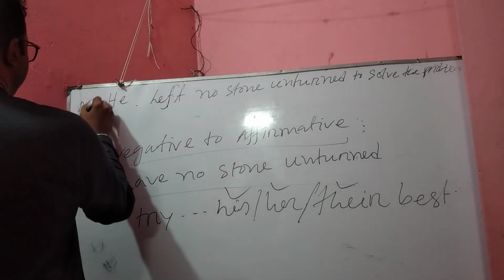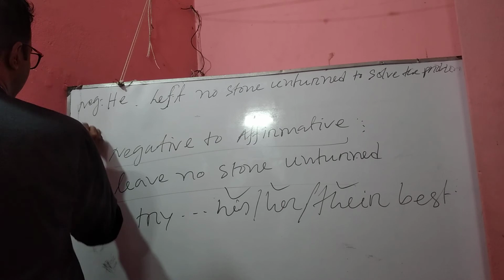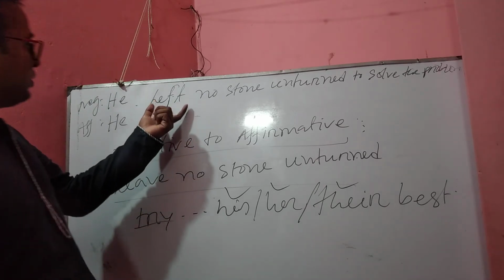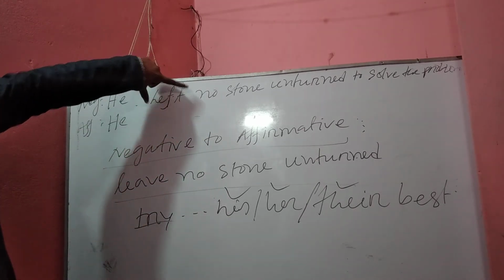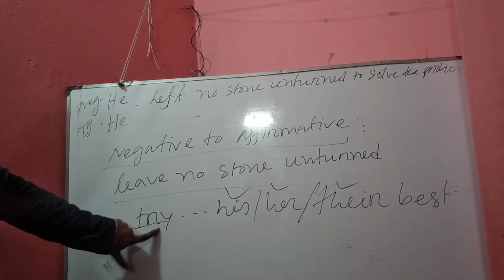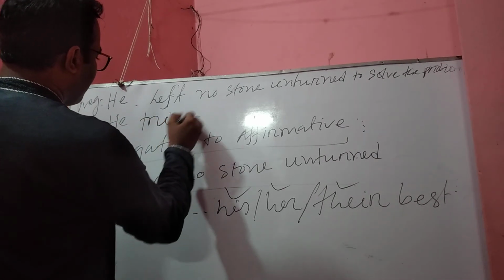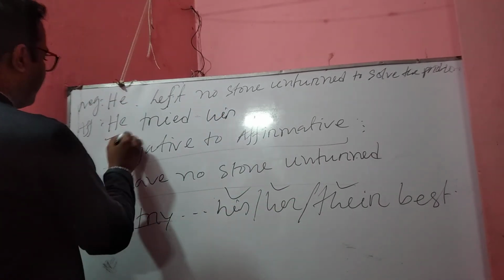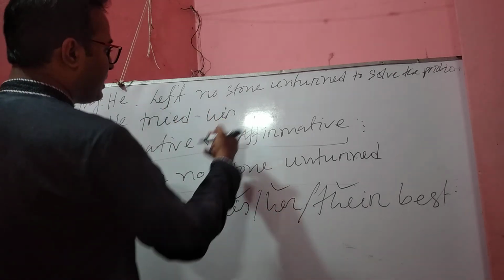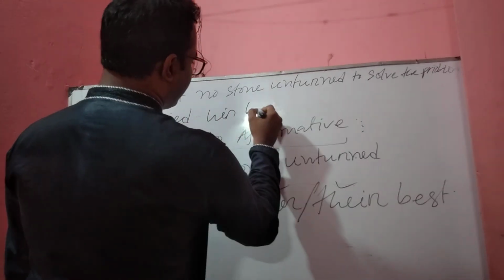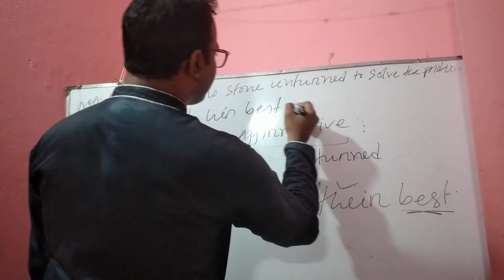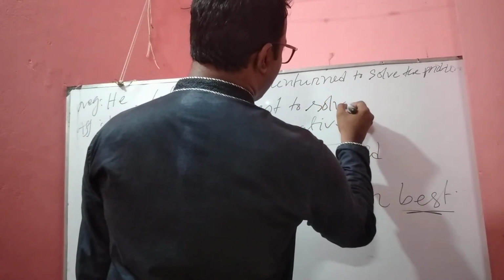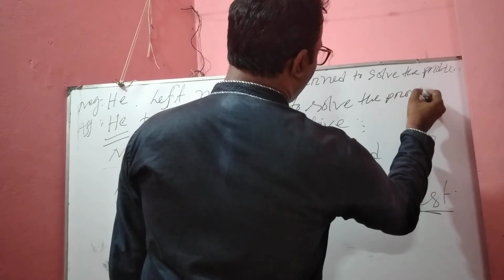So the negative and affirmative form will be: He try. Here I have used past form, so we will write the past form of try: tried. His. As the subject is he, the possessive case of he is his. His best. Now the rest: to solve the problem.